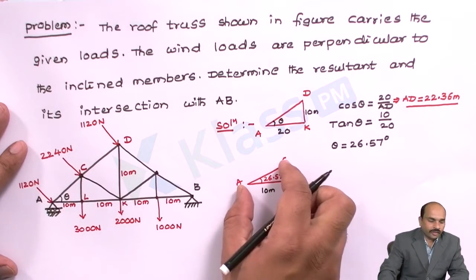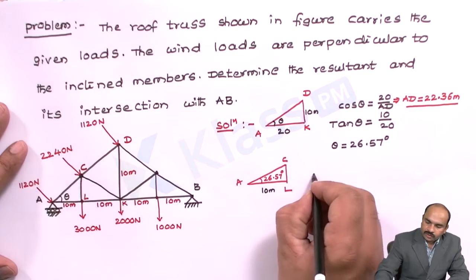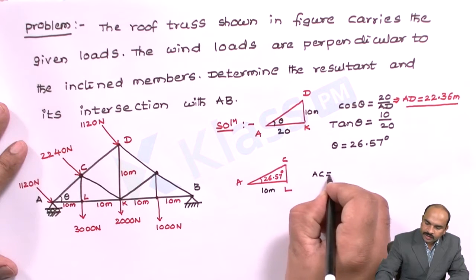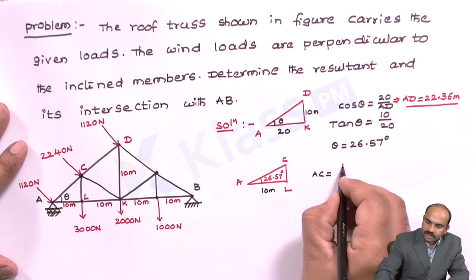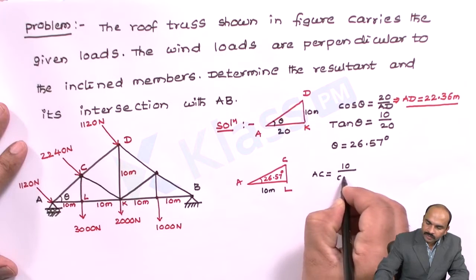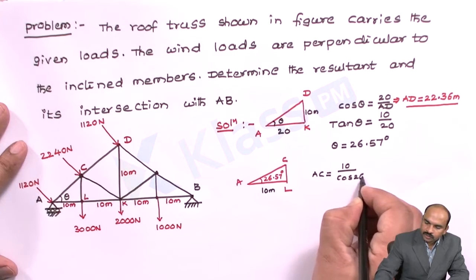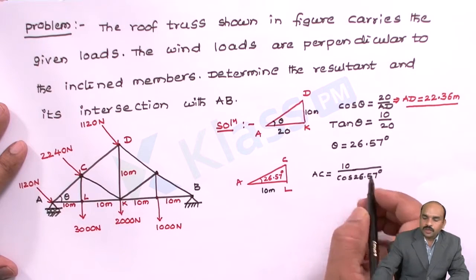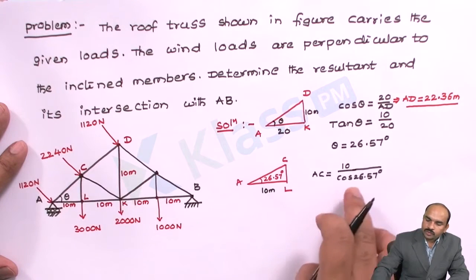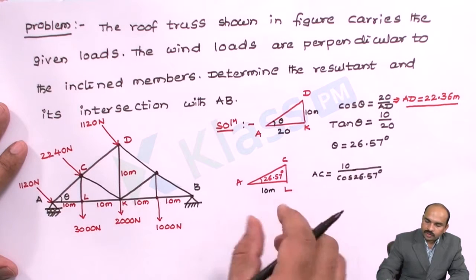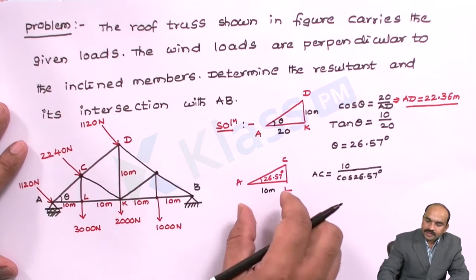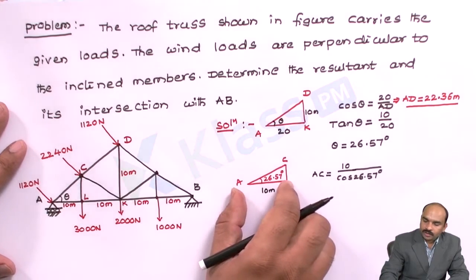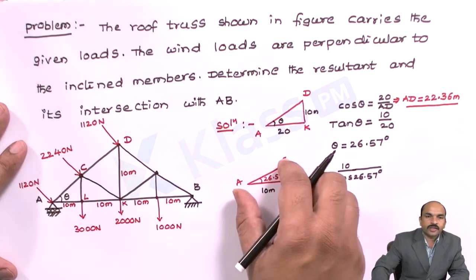Now we have to calculate this length AC. AC can be written as 10 by cos of 26.57 degrees, because cos theta equals its adjacent, 10 meters, by its hypotenuse AC.